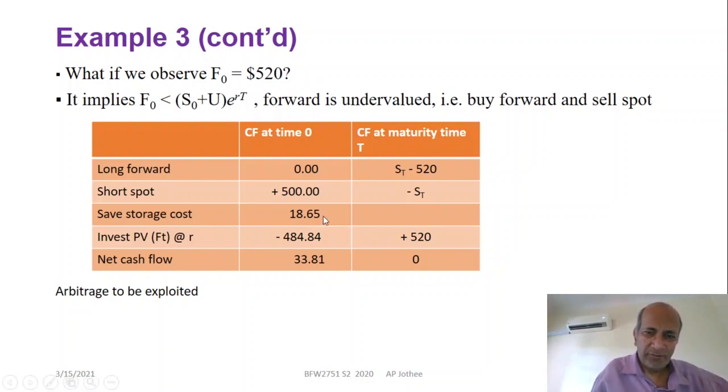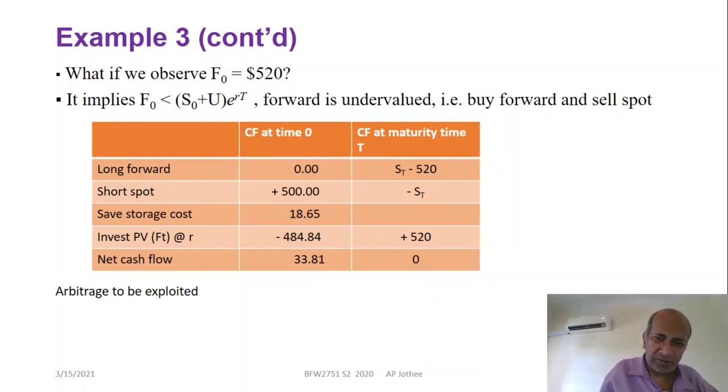Okay, so long forward, you are buying in forward, you need to pay 520 here. So you look at what is the present value. 500 plus 18.65, you receive the spot, short spot, and you have saved the cost here.